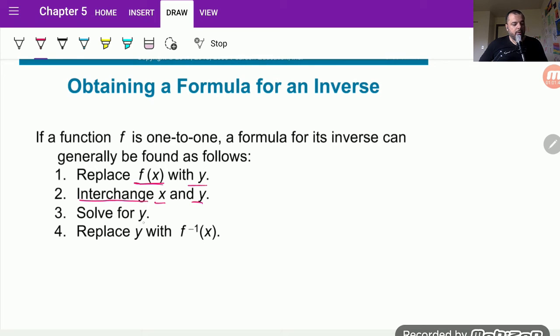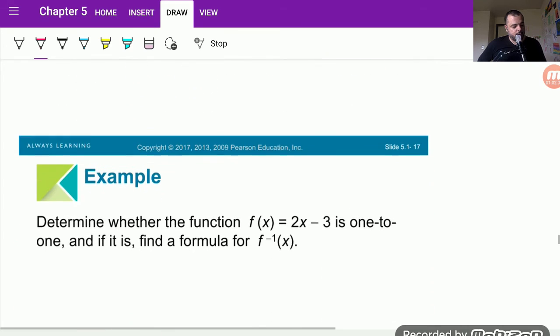Then we solve the function for y. At the end, you replace y with f inverse. So this is the inverse function. We have only 4 steps: replace f with y, interchange x and y, solve for y, then replace y with f inverse of x.